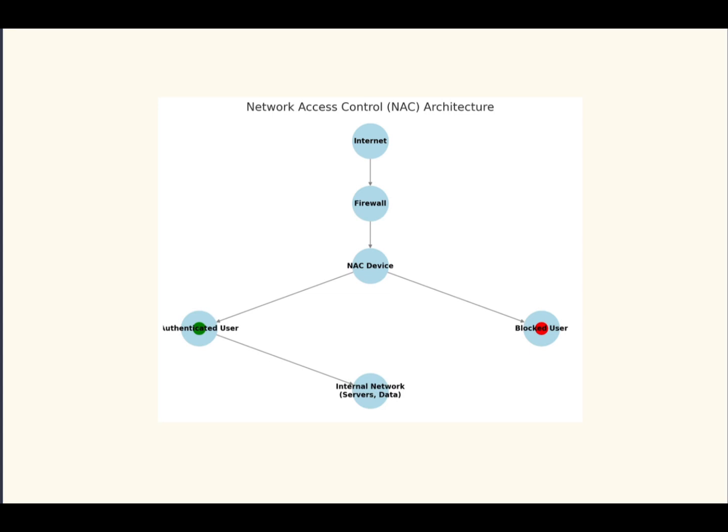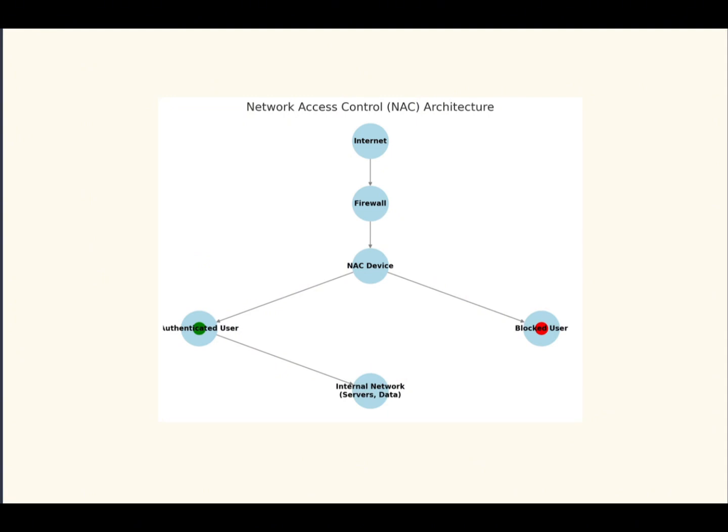It ensures connecting devices meet security requirements. They have updated antivirus, and the firewall is enabled on those devices. So those devices will be allowed to connect to the network.